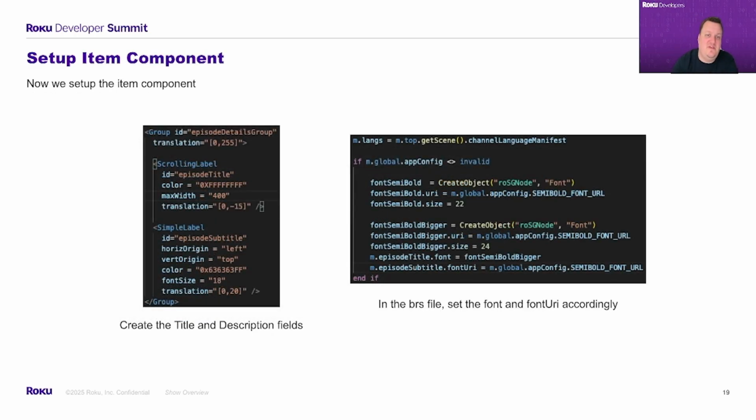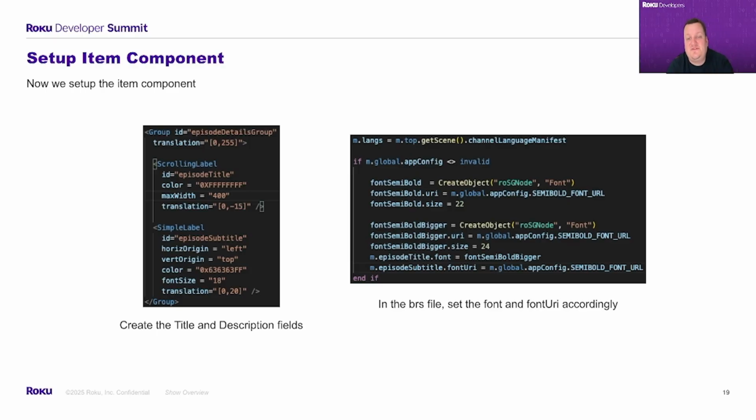Inside of the item component for that row list, we'll set up our scrolling label and our simple label. This gives us our scrolling title and then the episode description underneath it. You can set your font size; I've set the font size here in the simple label ahead of time, which is perfectly fine. All we really care about here is making sure that the URI gets updated correctly.